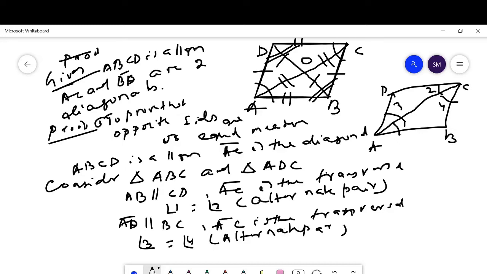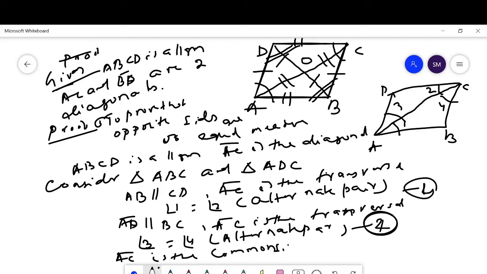Here in triangles ABC and ADC, this is equation 1, this is equation 2, and AC is the common side.